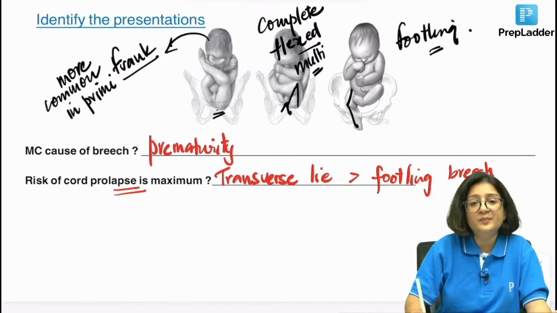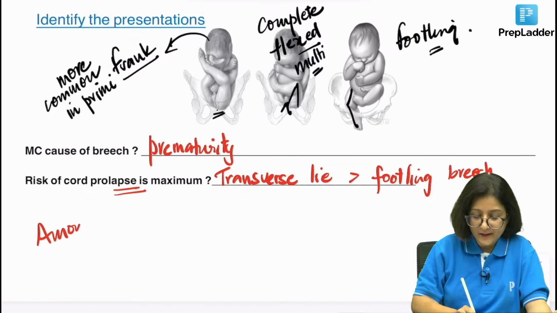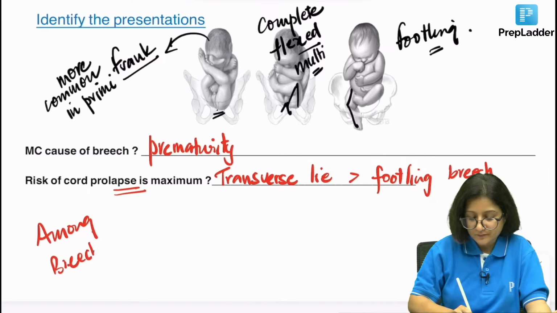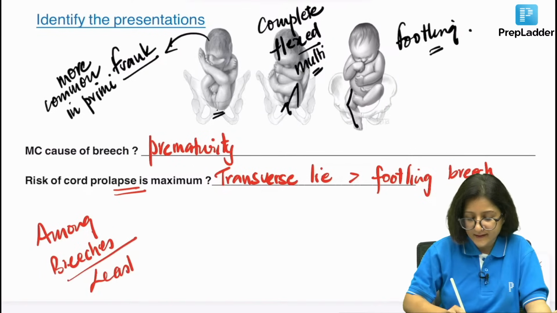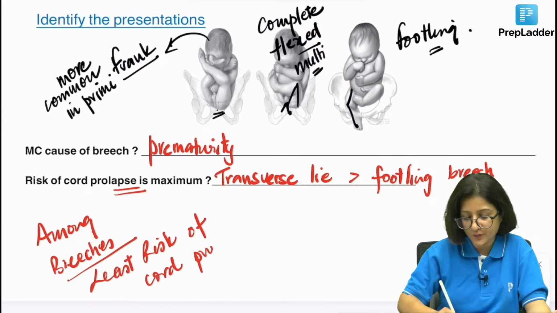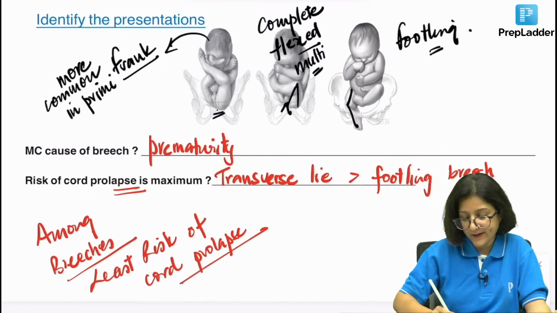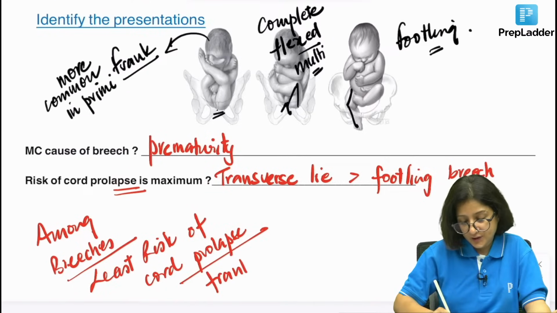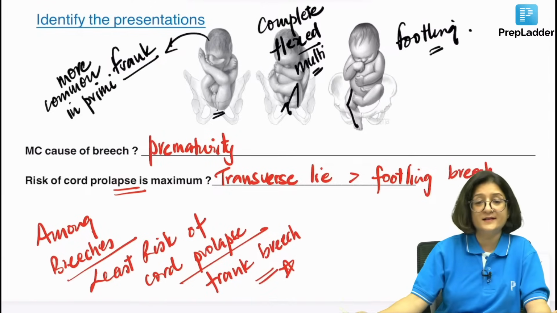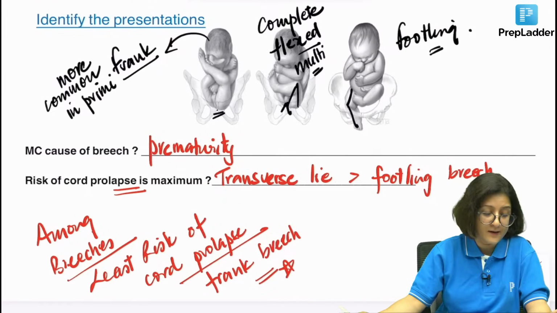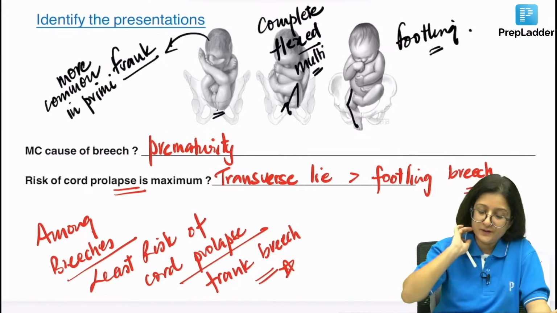Now, among the breeches, the least risk of cord prolapse is with frank breech. So, sometimes they also say this is the safest sort of breech to have as well. Okay, if to have a breech at all. So, this is about the breeches.